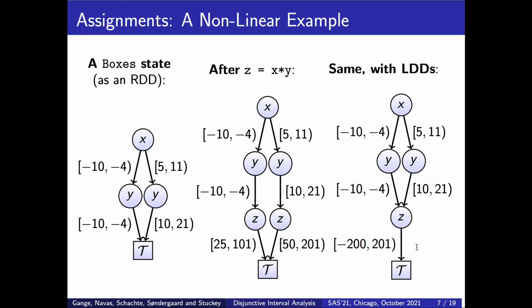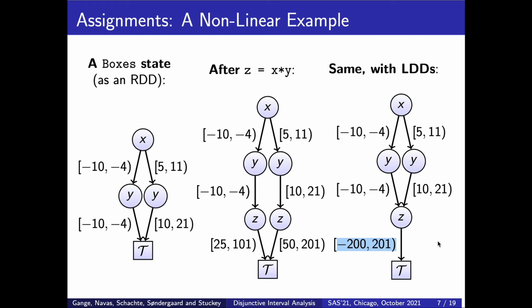We've shown the result here in RDD form, but that's just because it makes it a little bit easier to compare with the other diagram, and you will notice the clear loss of precision in this case.